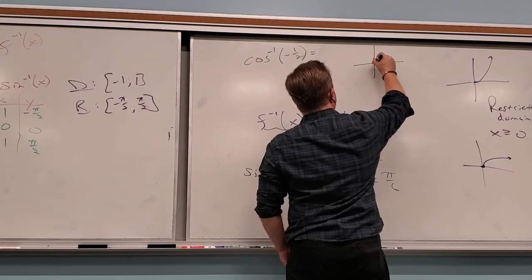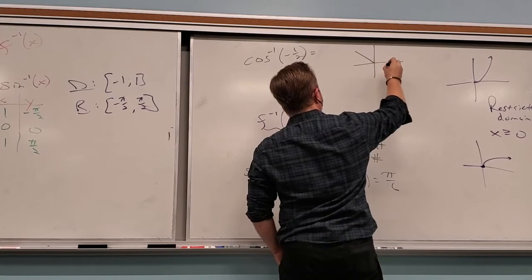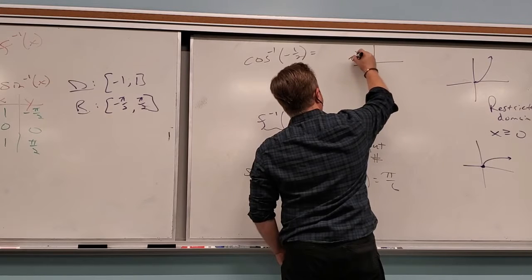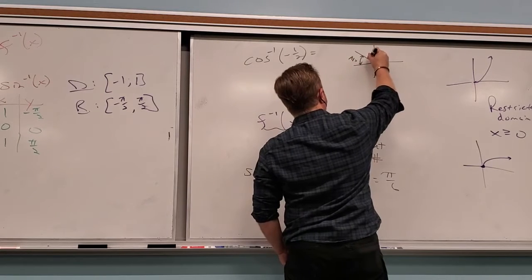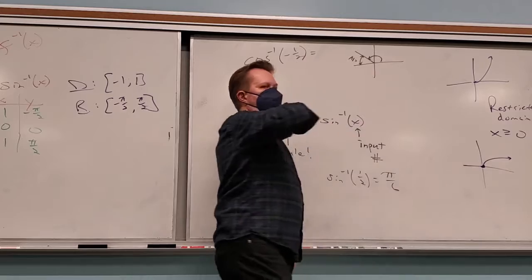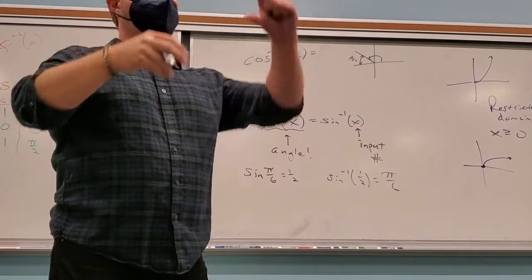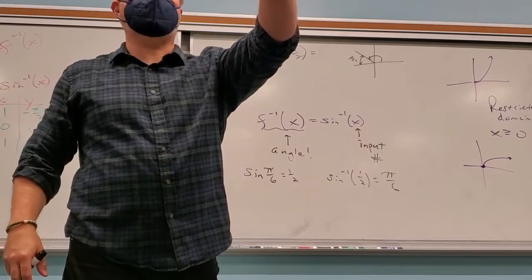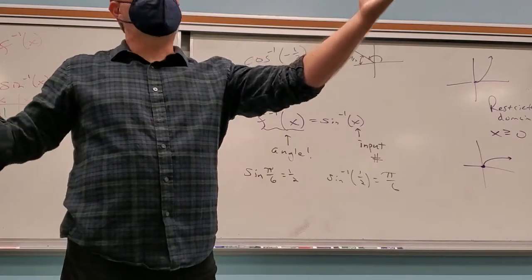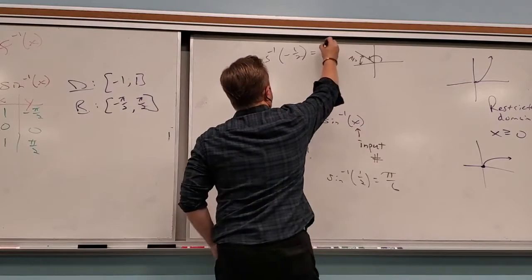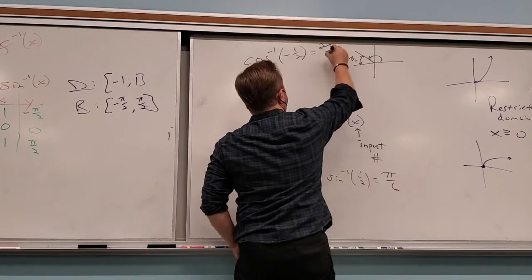So what would give me negative 1/2 would be back here. What reference angle do I want? Pi over 3. So what's the actual angle? You can do it. 2 pi over 3. From pi over 3, if I'm 1/3 of a pi away from a full pi, I've got 2/3 of a pi. So this is equal to 2 pi over 3.